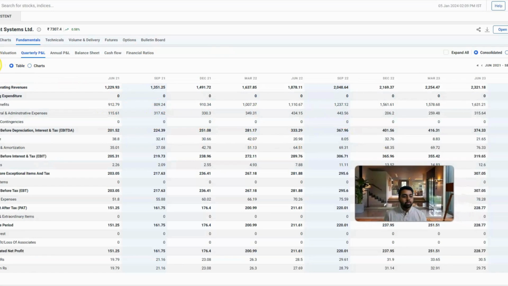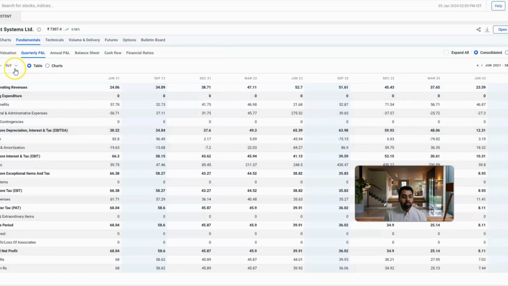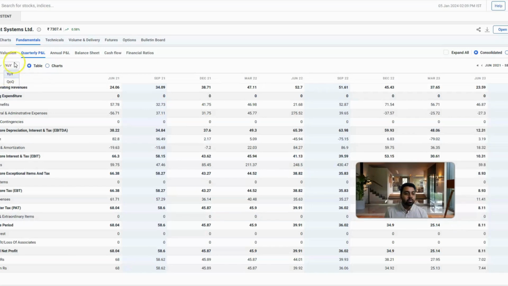Now when I come to the quarterly chart and see the results, again I would like to see the growth percentage, because the stock is trading at a very hefty premium to its historical valuations. When I do growth percentage, you can see a drop down whether you want to see YoY or QoQ.